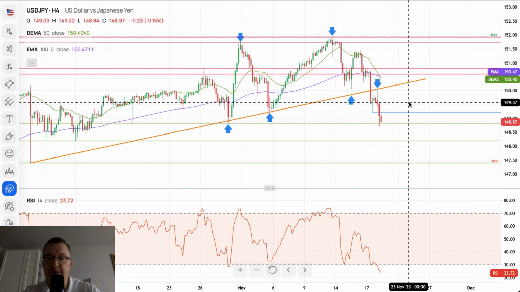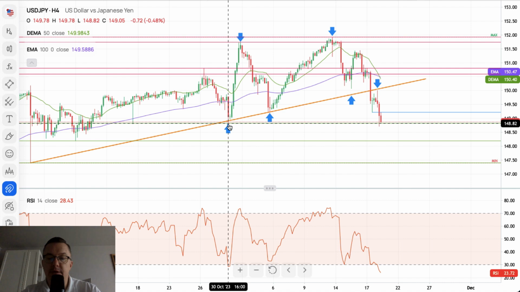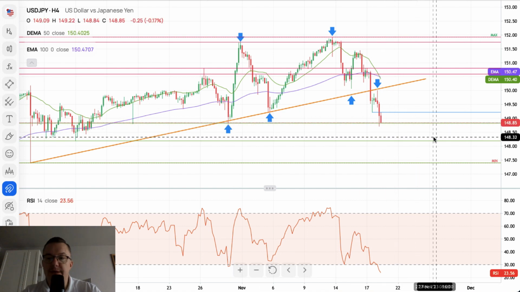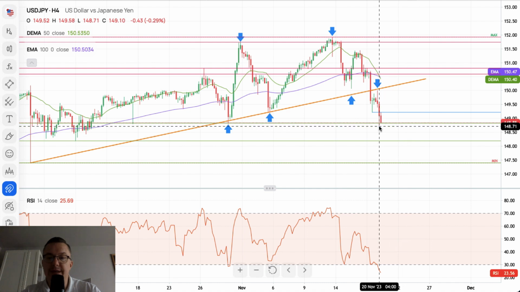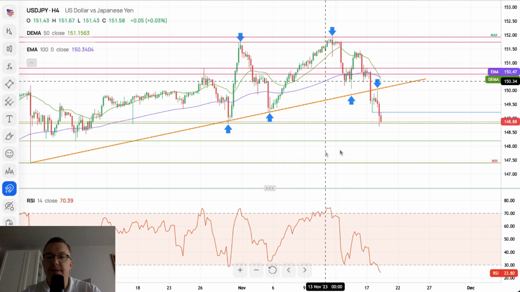So we are tracking this movement quite well, and right now we are approaching the lows of the last day of October 2023, located at 148.71, so this level might be tested very soon. When we break below this level, the next target is 148.18, and then the key technical support at 149.39 might be tested as well.